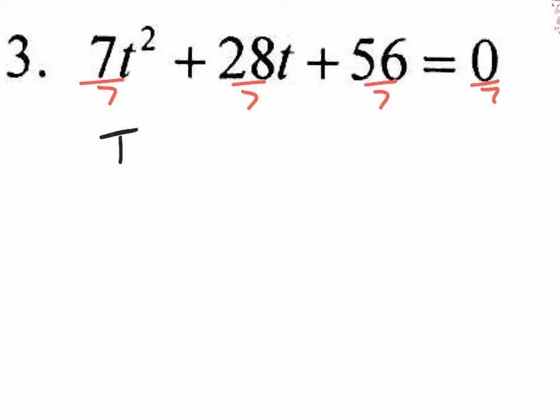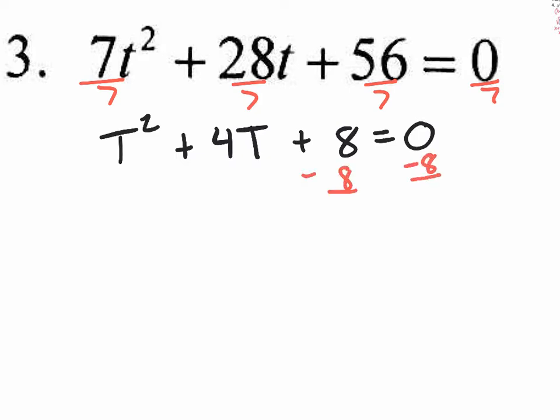We're going to end up with t squared plus 4t plus 8 equals 0. Might as well make space for our new perfect c value. So we're going to have t squared plus 4t, space, equals negative 8. What is my perfect c value?